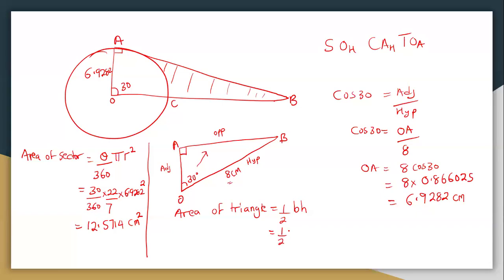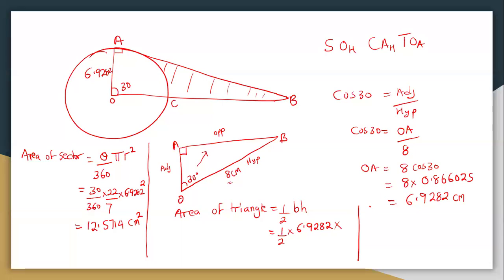So which will be equal to 1 out of 2 times, this time round, our base is 6.9282 times height. Oh, I forgot. I think you can first obtain the height using Pythagoras theorem. So c squared is equal to a squared plus b squared.